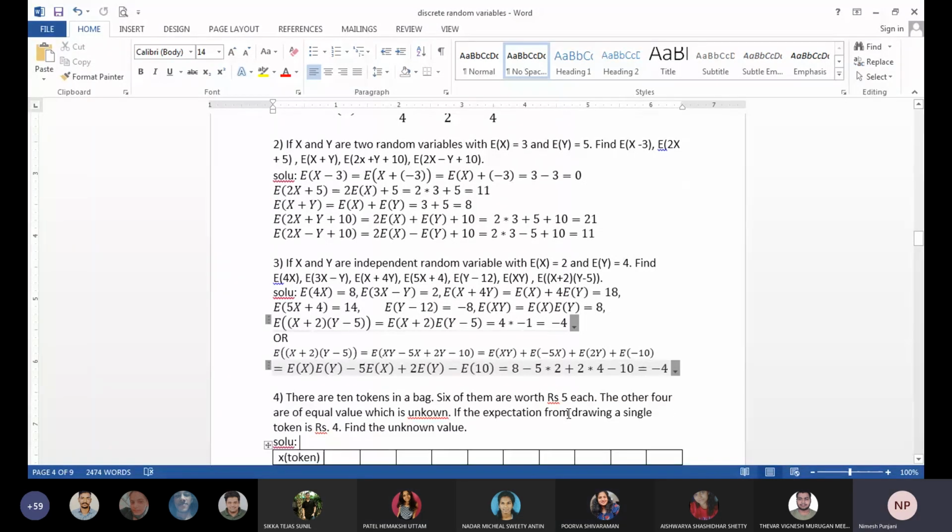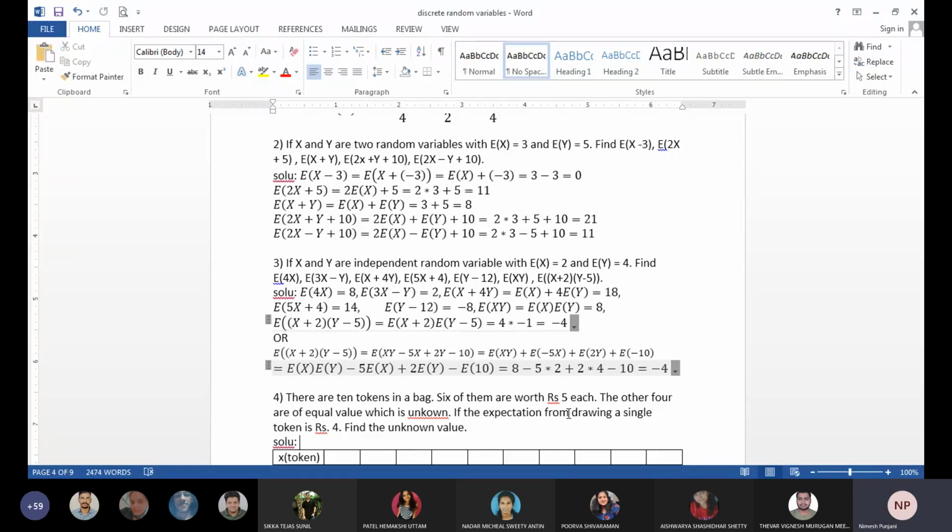Okay. What does the next question say? There are 10 tokens in a bag. Tokens matlab coins. Okay. 6 of them are worth 5 rupees each. Other 4 are of equal value, which is unknown.